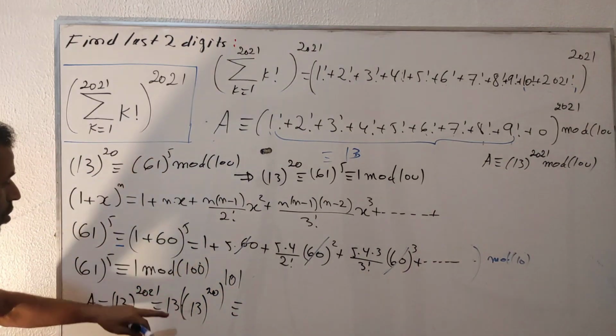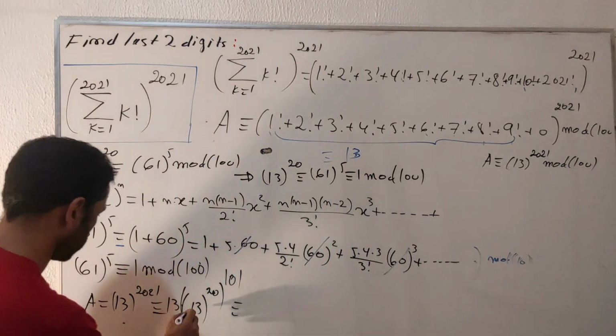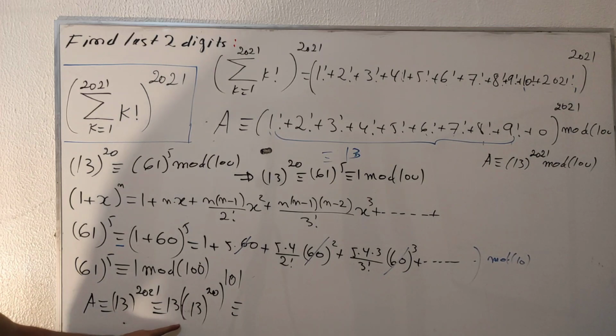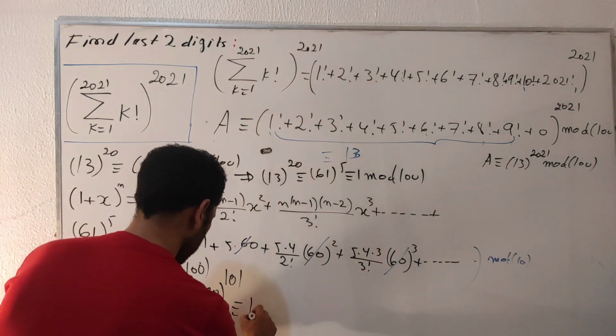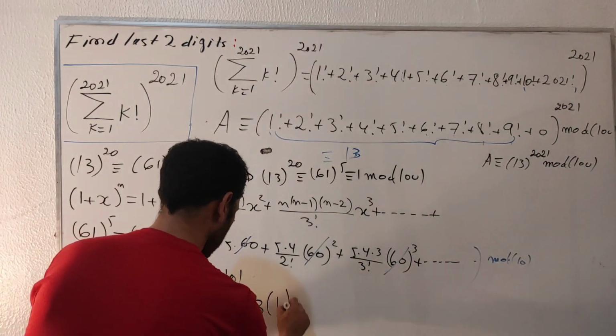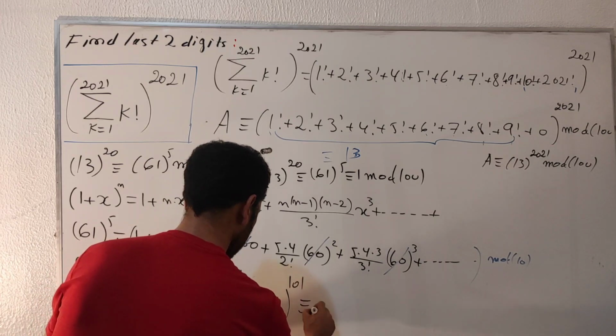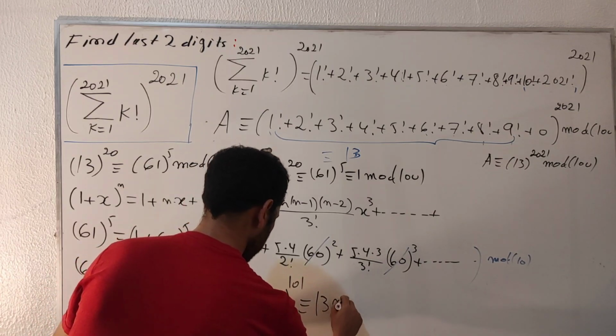We already found this remainder. This one is 1. If you reduce this to mod 100, I get here 13 times 1, all to the 1, which is 13 mod 100.